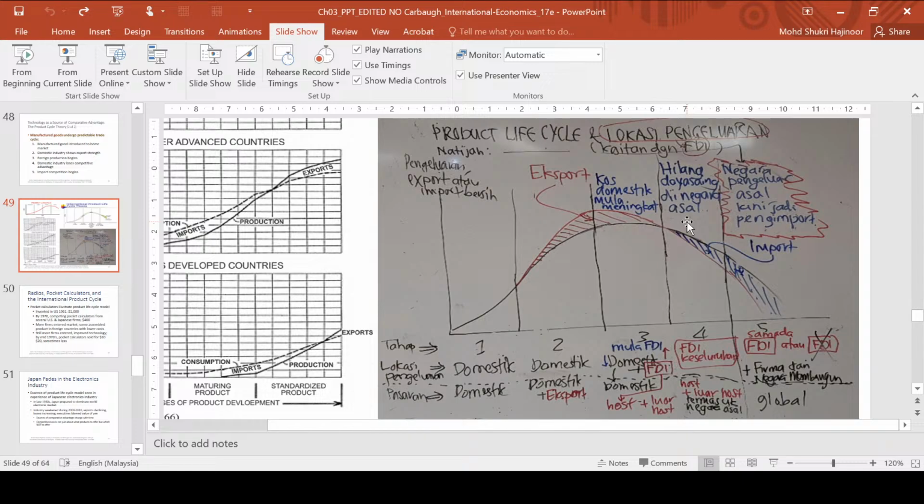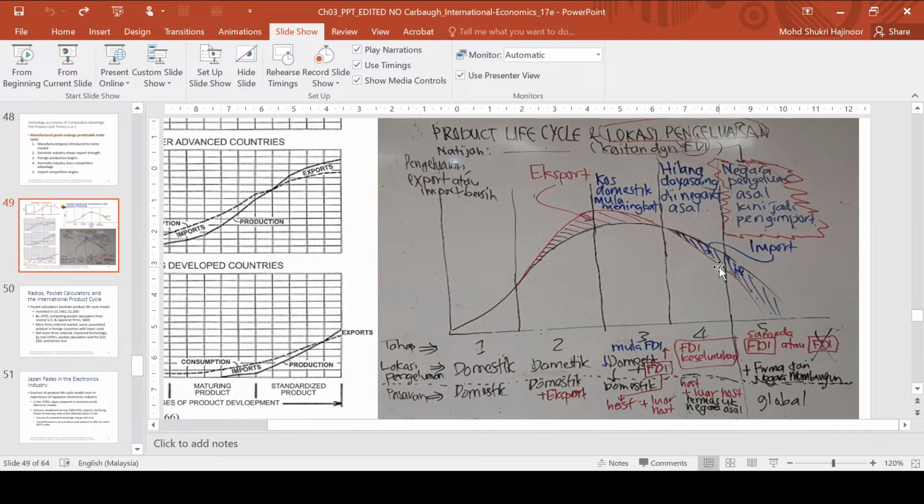So it's better to import. The cost has got higher and higher. So no longer competitive. Understand? No longer competitive.